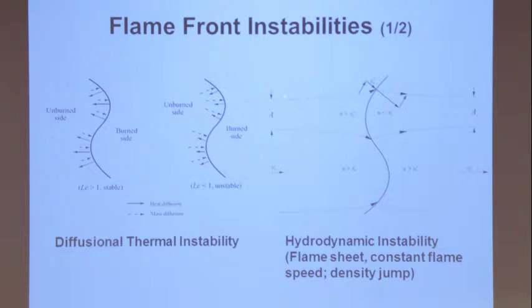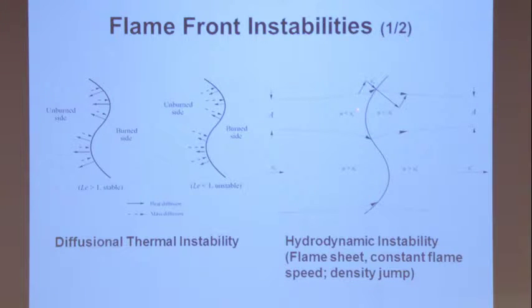If I have the flow upstream of this, the stream tube is going to diverge this way. So you can see if it diverges, then the velocity here will decrease.